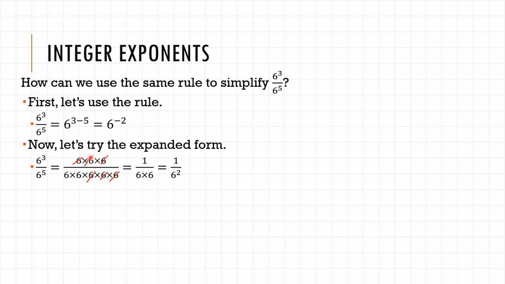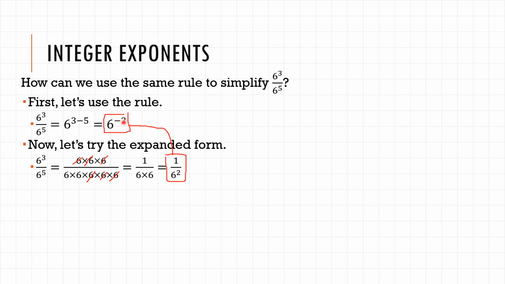Now these both started with 6 to the power of 3 divided by 6 to the power of 5. So these two expressions, this one right here and this one right here, need to be equal to each other, because they both are equal to the same expression. We both started in the same spot.